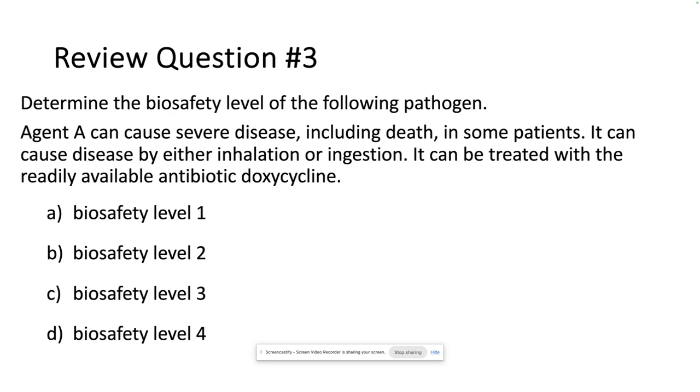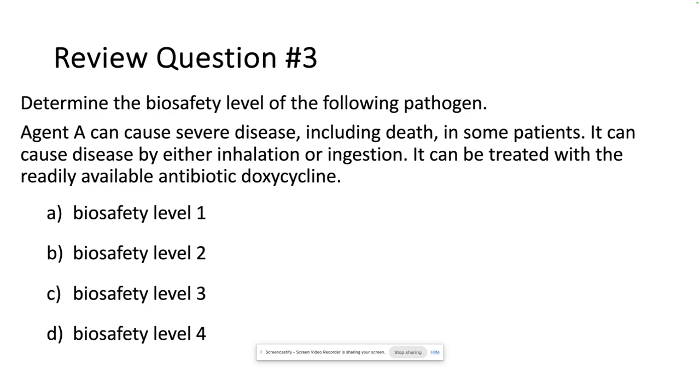Okay, so let's look at what we know from the problem. We know that Agent A can cause severe disease and death. So this is going to eliminate A and B, the biosafety level 1 and the biosafety level 2 labs. So we have to choose between whether it's a level 3 or level 4 lab.